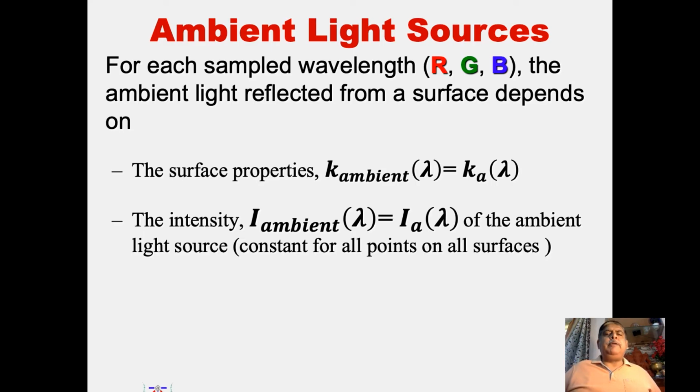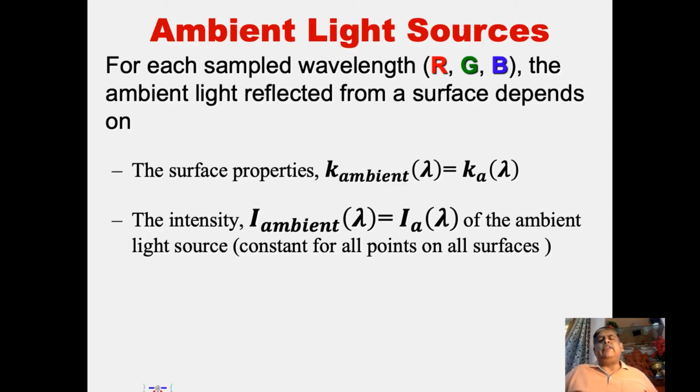We continue with the ambient light source. For each sample of wavelength, in our case, we are creating an image in red, green, and blue. In other scientific purposes, we may have specific images from very narrow filters. These are broadband filters, that is RGB. The ambient light reflected from the surface depends on the surface properties, that is K ambient, or we will call it Ka.